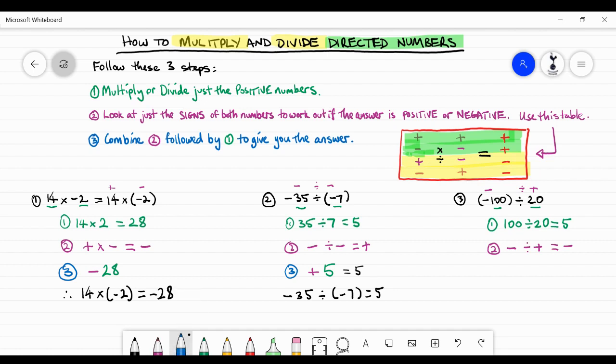So then in step 3, we combine those two together from step 2 and step 1, and we get a negative 5. So therefore, we can write that minus 100 divided by 20 is equal to minus 5.